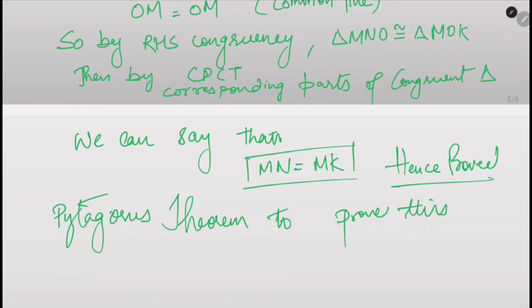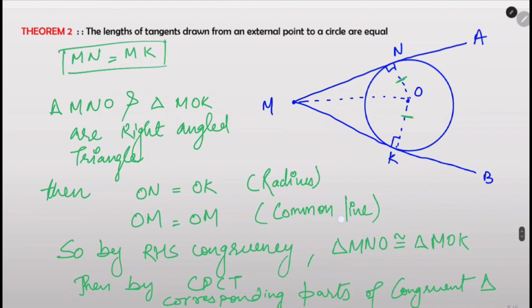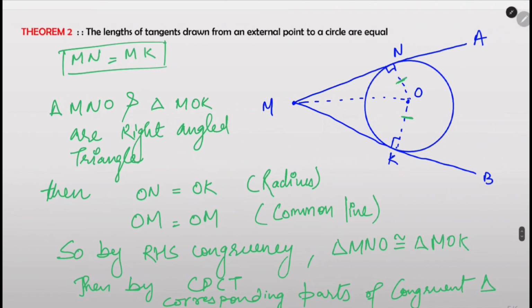So how can we prove this through Pythagoras theorem? Now, if we go back to this figure, what we can see here, this MNO is a right angle triangle. This MOK is a right angle triangle.